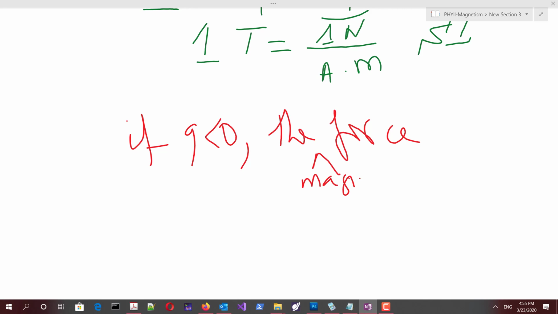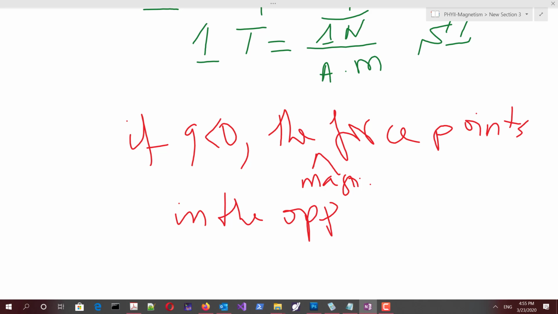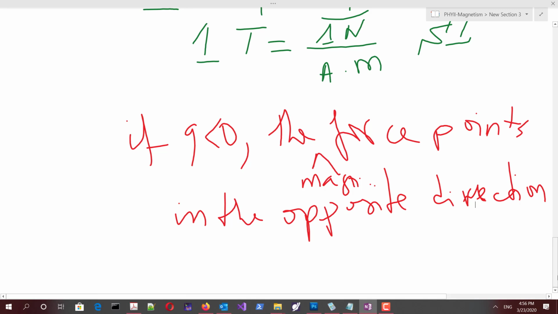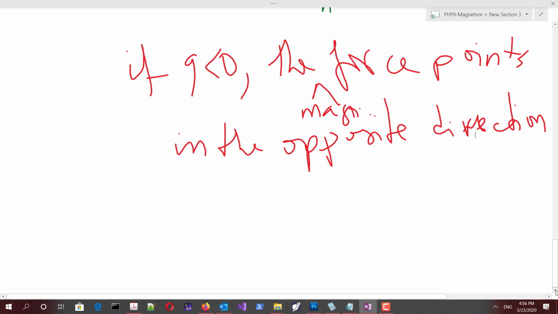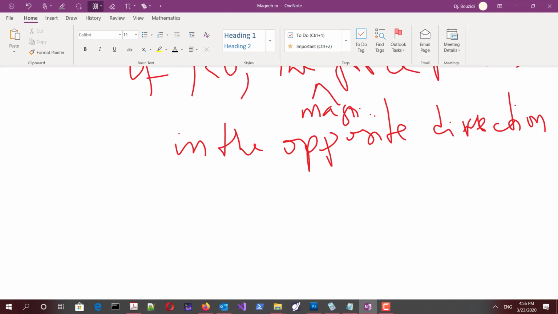The magnetic force points in the opposite direction. I'm writing with my finger, so I'm sorry, it's actually easier to write with the finger than with the mouse.